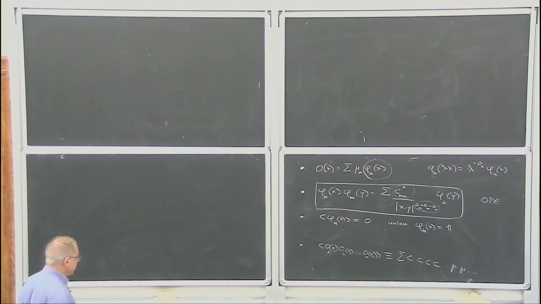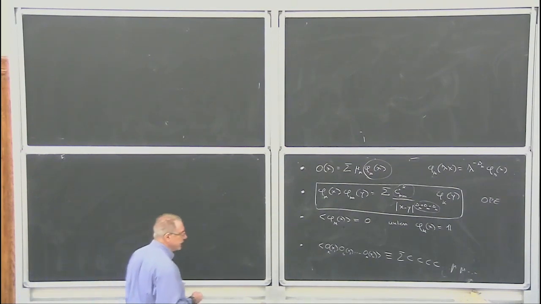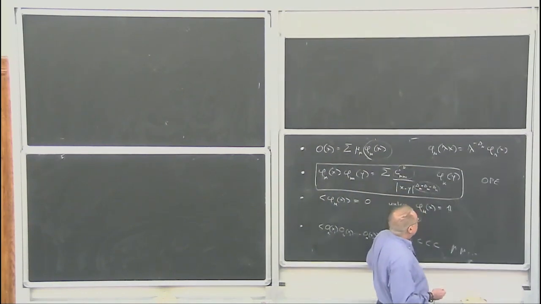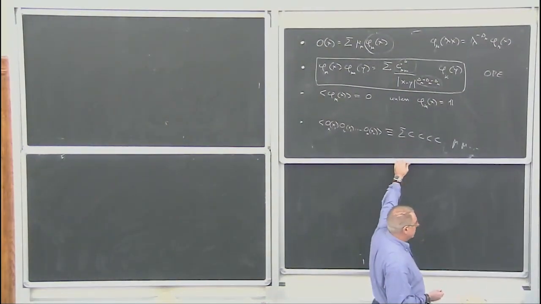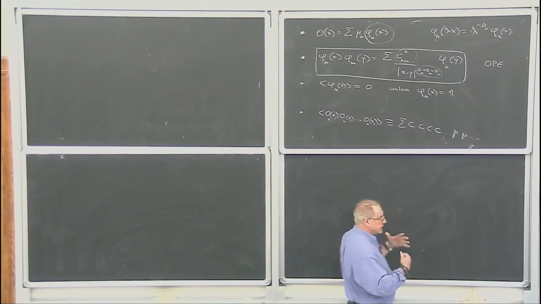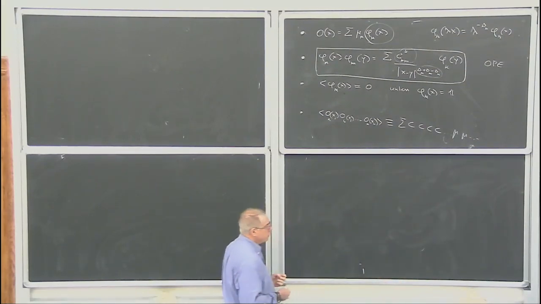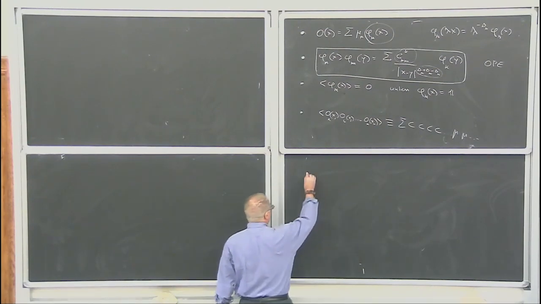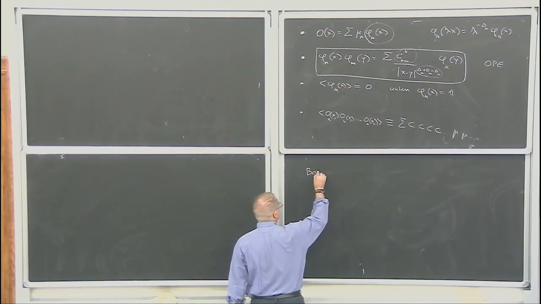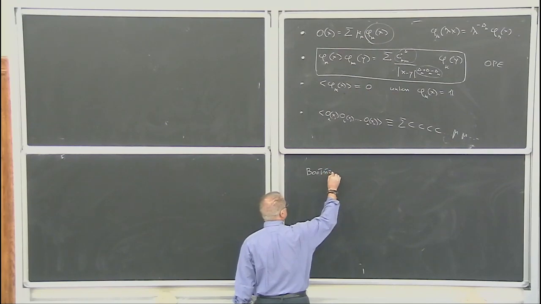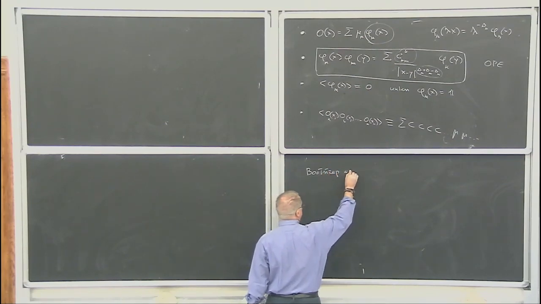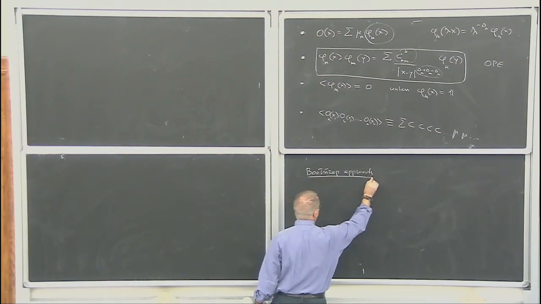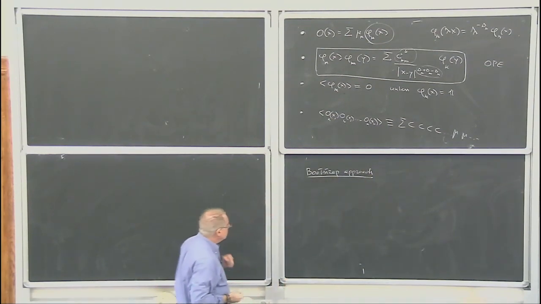So in order to fix them, originally, I'm just saying historically, Polyakov, the person who first formulated the theory in this way, tried to solve this equation through the so-called bootstrap approach. Bootstrap approach means the following.